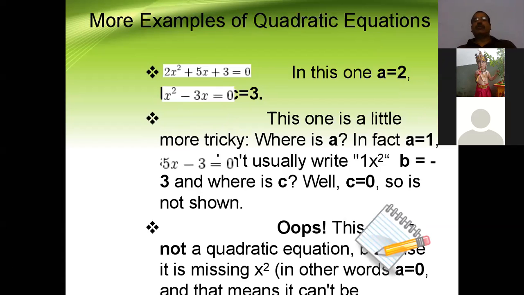Okay, more examples of quadratic equations. 2x square plus 5x plus 3 equal to 0.